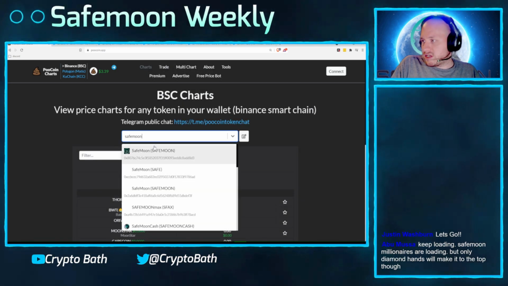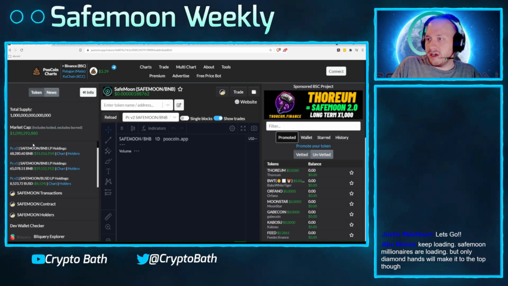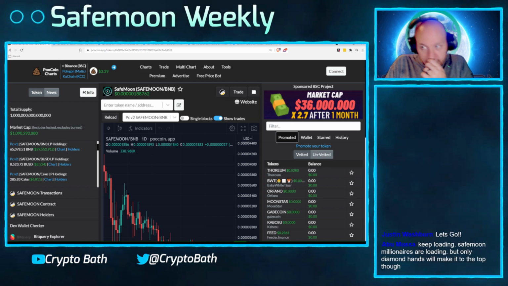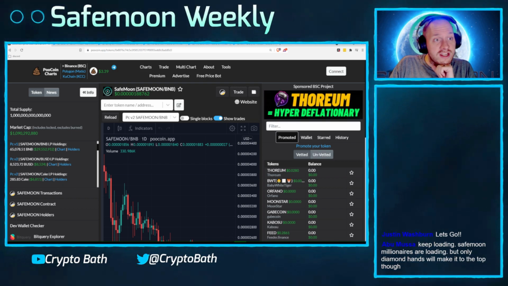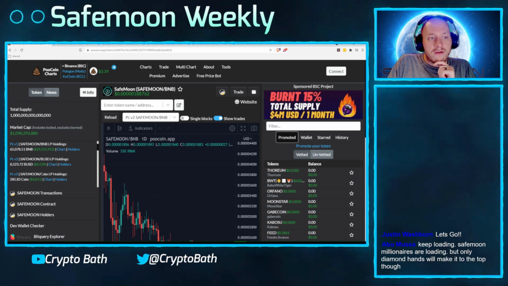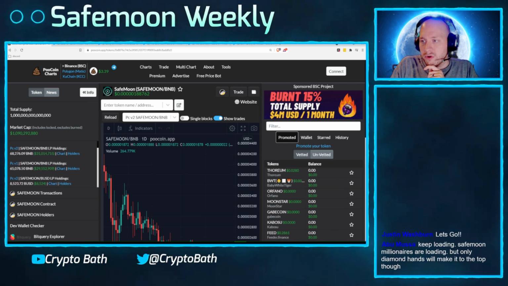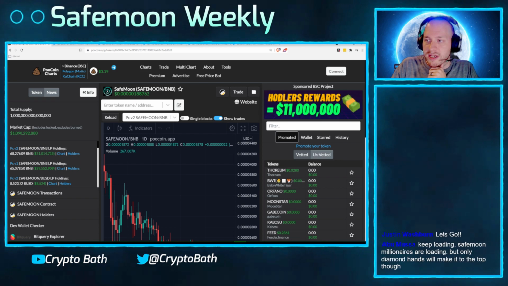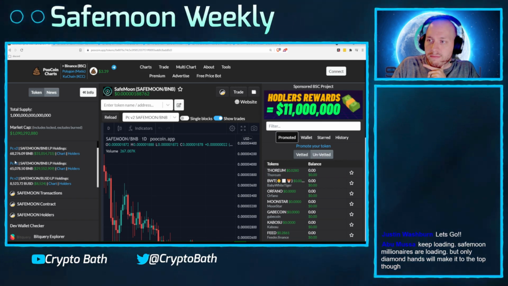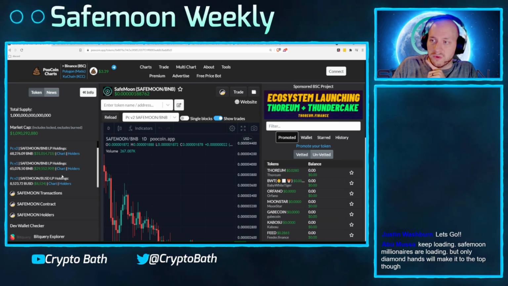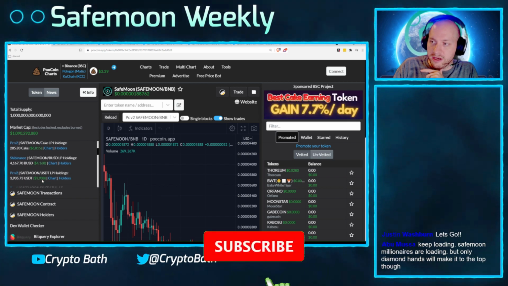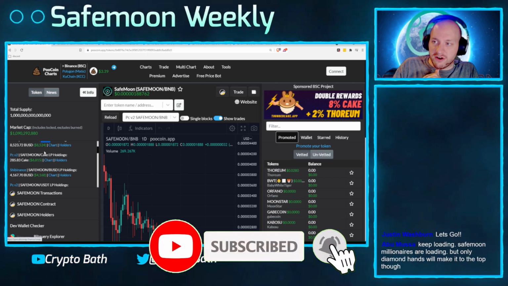If you look at SafeMoon on Poo coin, you can see over here on the left, here are SafeMoon's liquidity pools. Right now, SafeMoon's liquidity pool is on PancakeSwap version 2. Our liquidity is in BNB, and then we have some on PancakeSwap version 1 in BNB. Then we have some in PancakeSwap version 2 in BUSD. Then we have some on PancakeSwap version 2 in Cake.